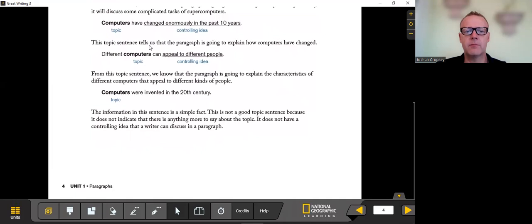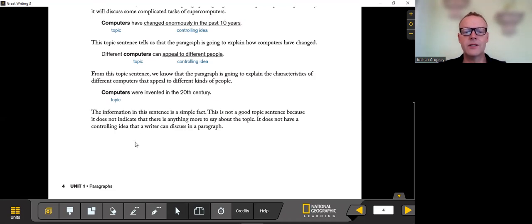Look at the next example. Different computers can appeal to different people. Of course, the topic is computers, but the controlling idea here is different. Appeal to different people. From this topic sentence, we know that the paragraph is going to explain the characteristics of different computers that appeal to different kinds of people. Okay, take a look at this last one. Computers were invented in the 20th century.